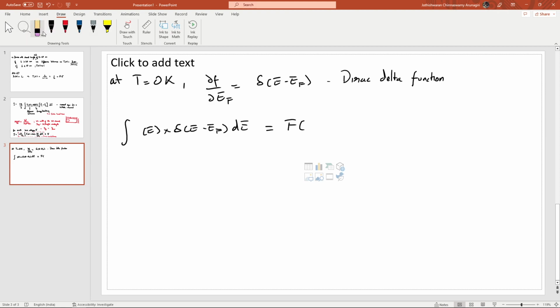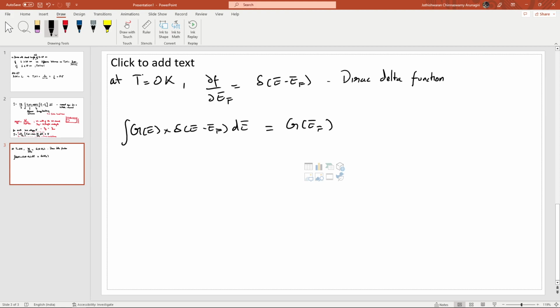Let me say it is some g of E. We don't have to perform the integration when we have a Dirac delta function. The answer to this is g of EF.